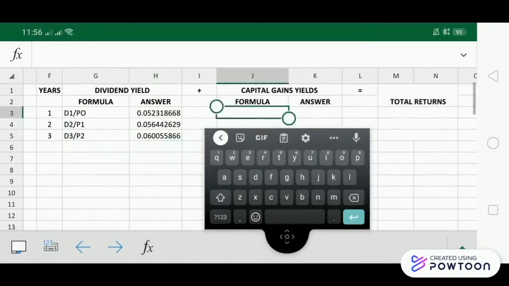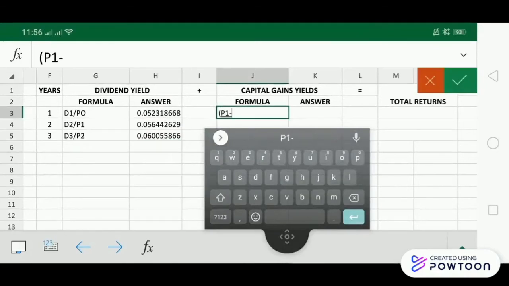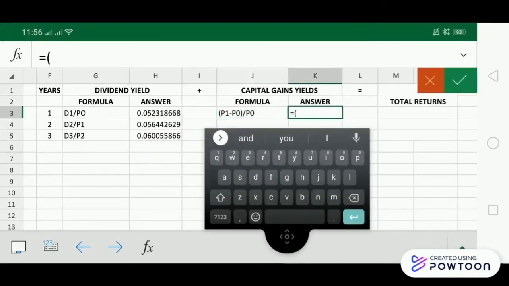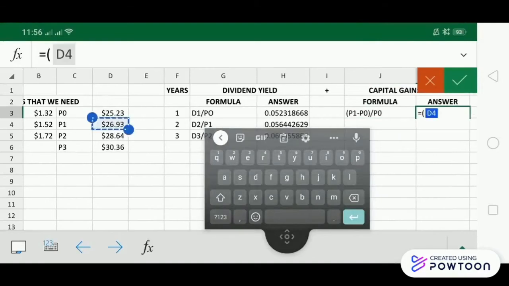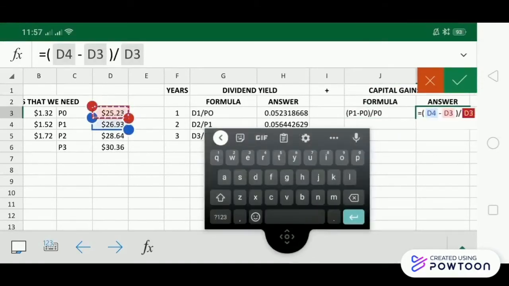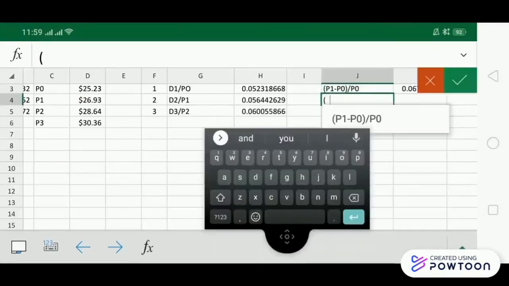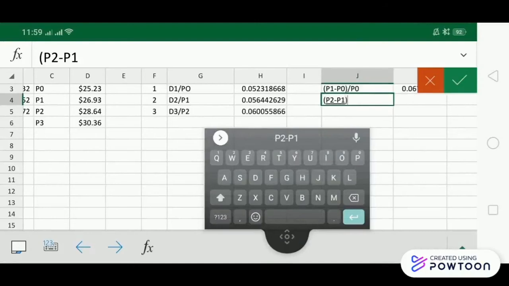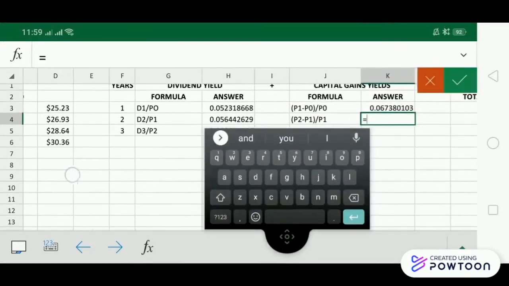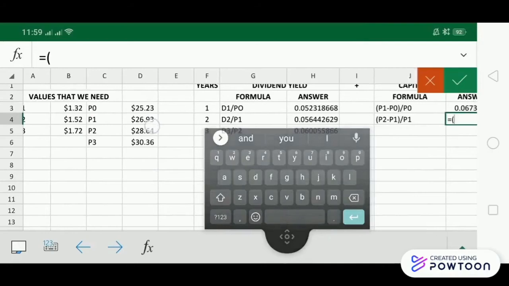Next is for the capital gains yields. For the first year, the difference of P hat 1 and P hat 0 divided by the value of P hat 0 to get the first year's capital gains yield. Next is for year 2, the difference of the values of P hat 2 and P hat 1 divided by the value of P hat 1 to get the second year's capital gains yield.